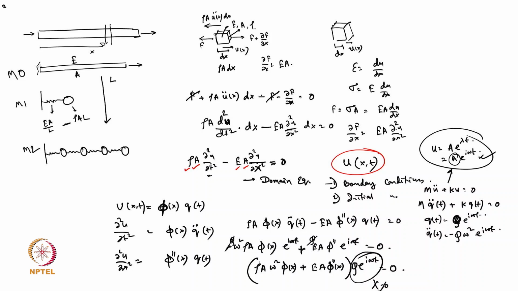It is actually for forced vibration, where omega is the forcing. Now don't get confused, for the free vibration case we can do that, but only for single degree of freedom. But for a multi-degree freedom system, what is omega? You don't know omega, because there will be 2 or 3 omegas. Whatever the number of degrees of freedom, that many omegas will be there. So how can I tell what e to the power i omega t will be? We cannot tell, because that is not a single omega.